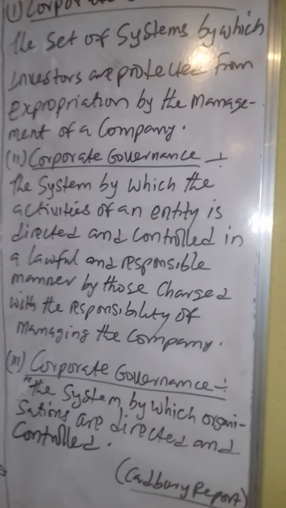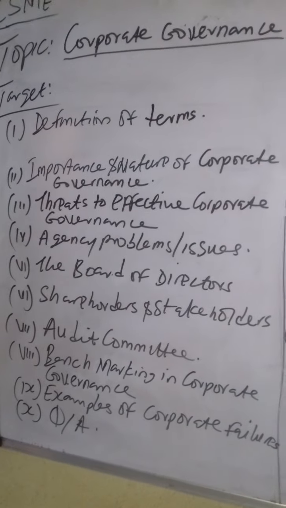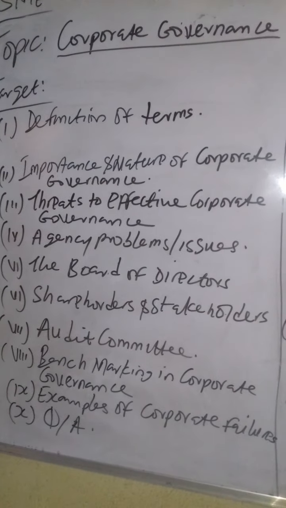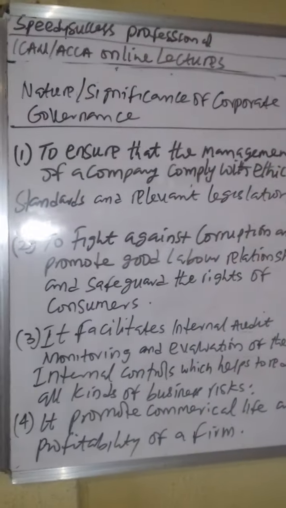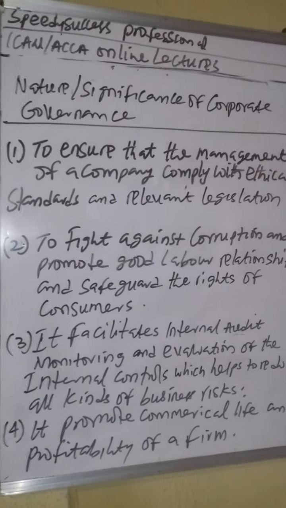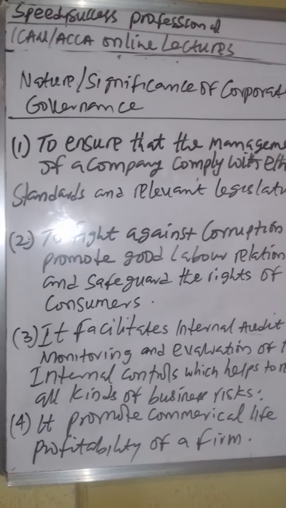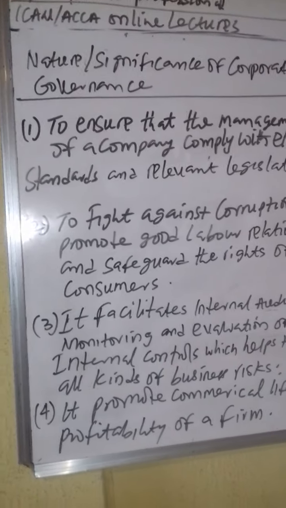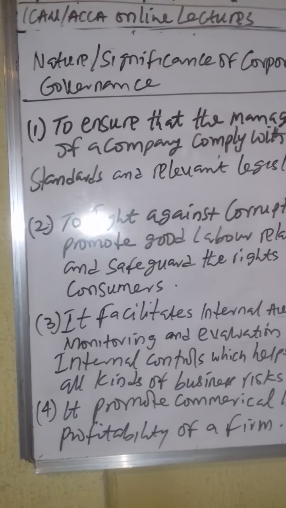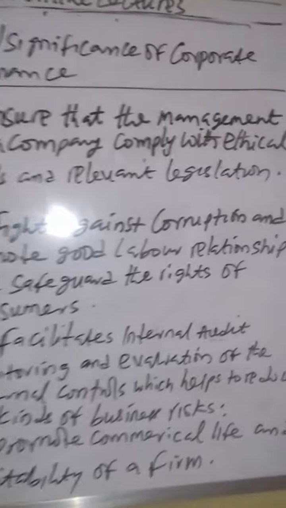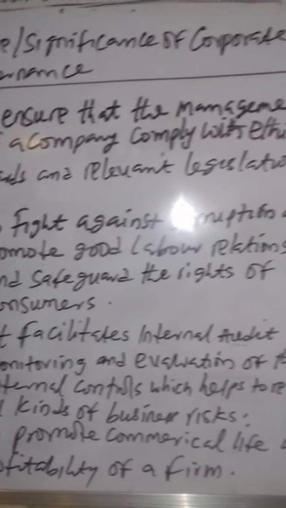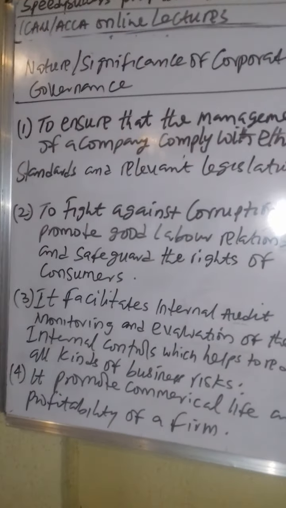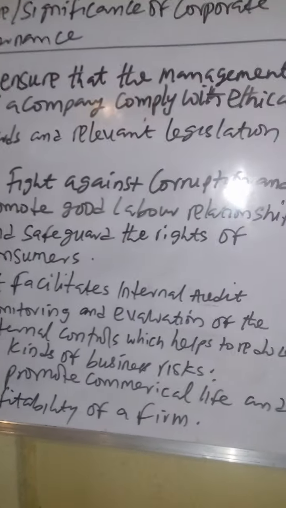Thank you. All right, my next agenda is to look at the importance and nature of corporate governance. Now, when we say nature or objective or reasons of corporate governance, I will just bring in only 5 of them. Number 1, corporate governance ensures that the management of a company complies with ethical standards and relevant legislation.